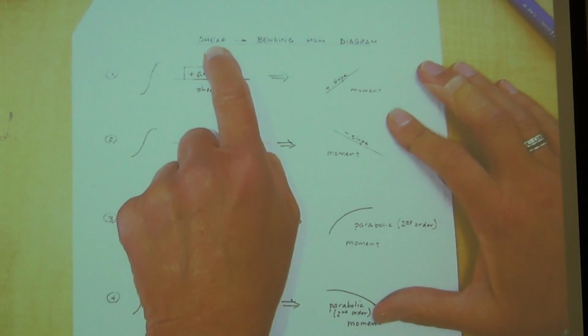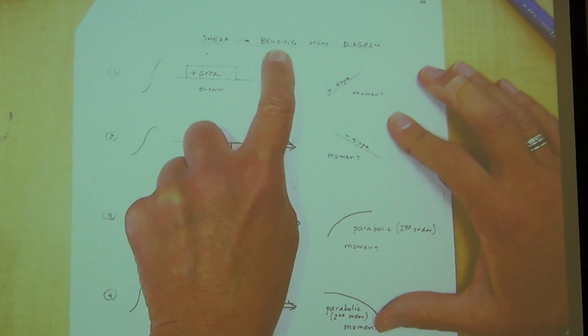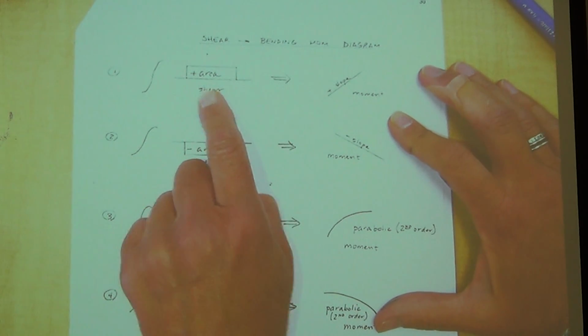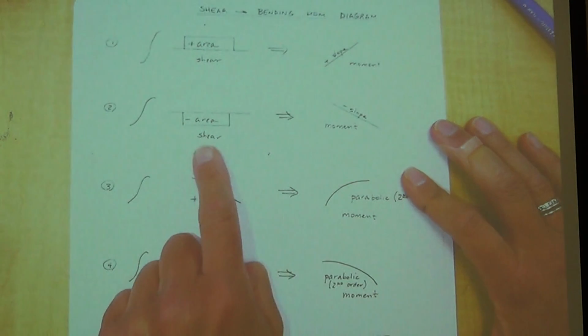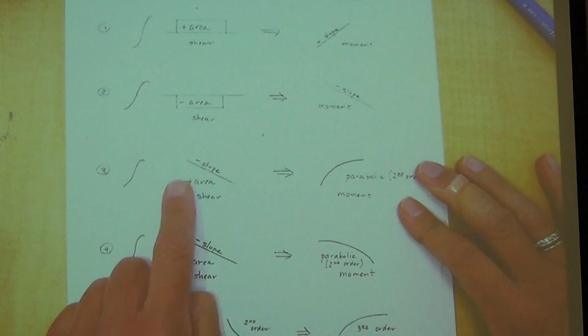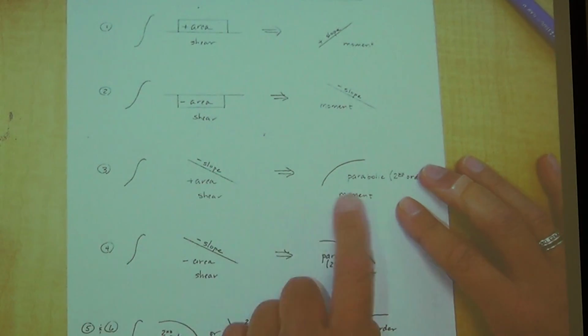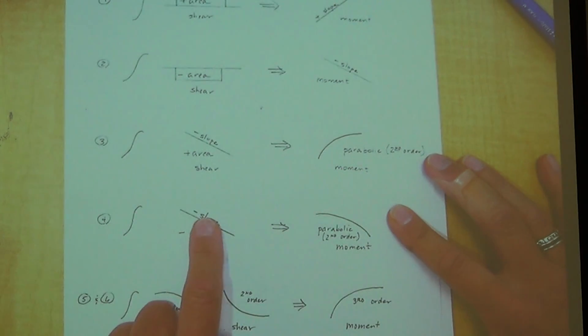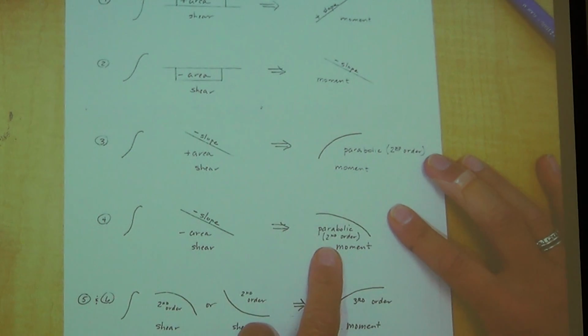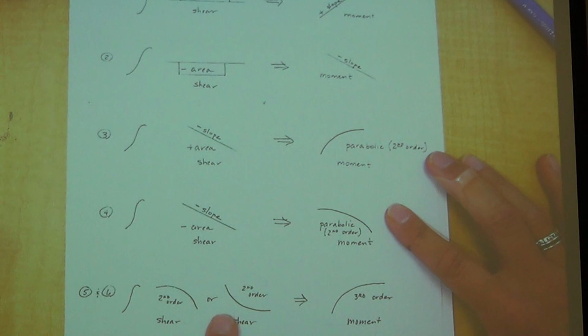When going from a shear diagram to a bending moment diagram, if I have a positive area, I have a positive slope. Negative area, negative slope. Negative slope in a positive area is parabolic going up. Negative slope, negative area, parabolic going down. If I have a second order, a parabola, I'm getting a third order. You know that already, but this is helpful for me.